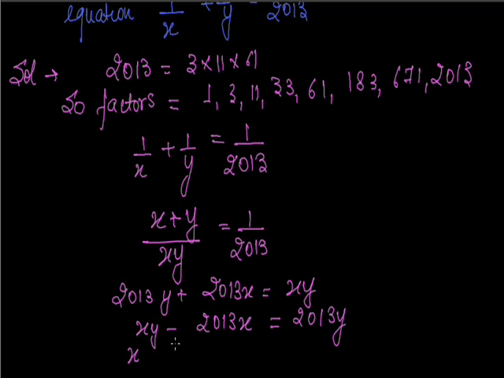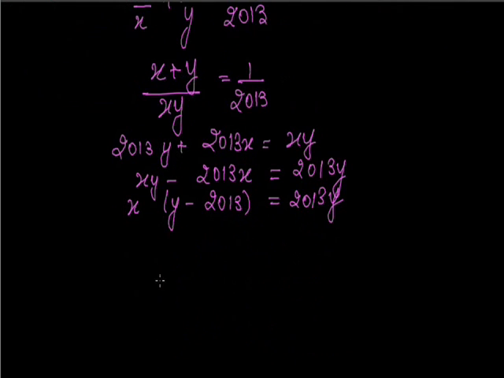Taking x as common, x(y minus 2013) will be equal to 2013y. So x will be equal to 2013y upon y minus 2013.